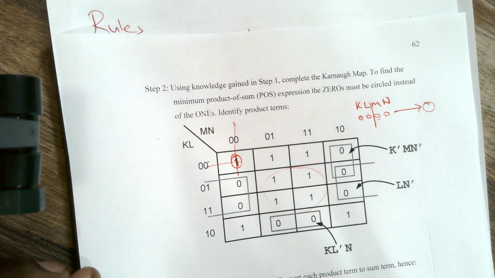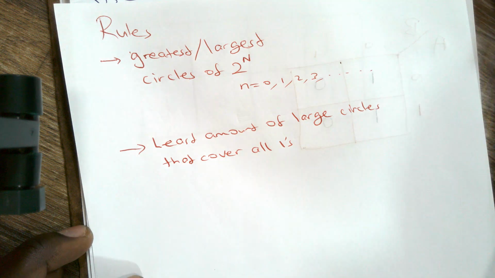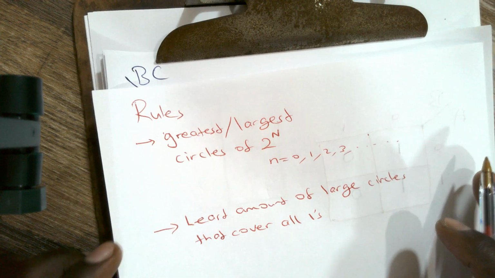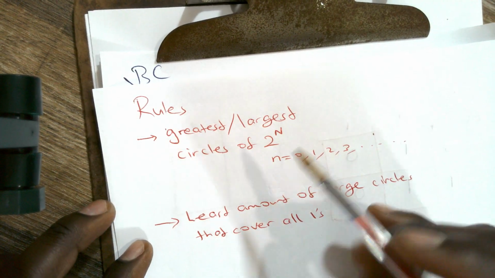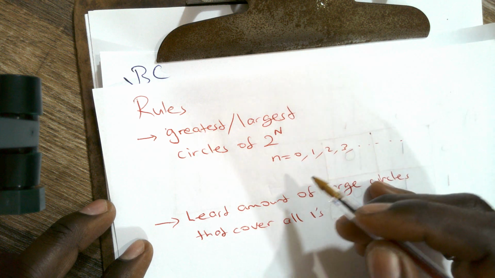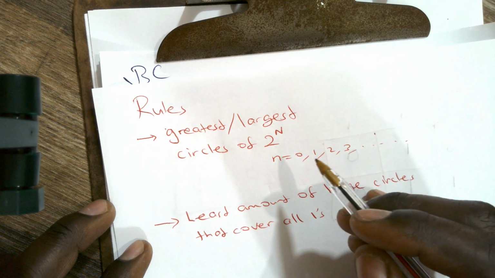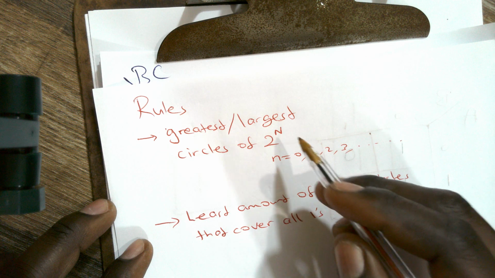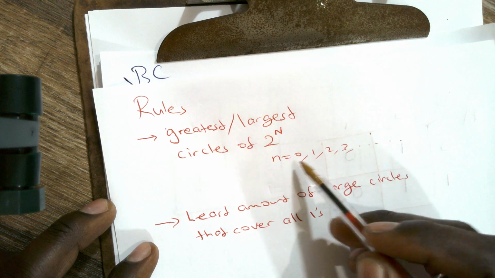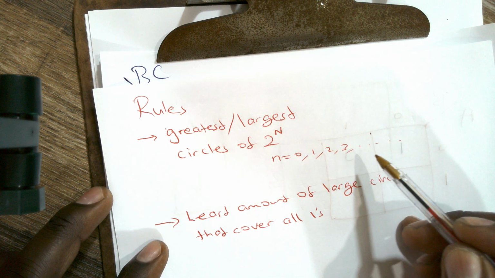And our goal is 2 things. We have to find the greatest or largest circles of ones in powers of 2 to the n, where n is 0, 1, 2, 3.